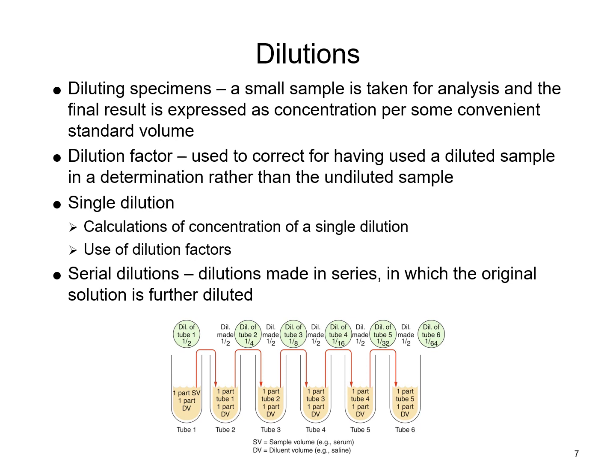Dilutions can be done single or in a series. With series dilutions, you start off with the concentration of your sample, and your first dilution is made. In this particular example, it looks like they're diluting by half. So you have 1 part of sample volume mixed with 1 part of diluent volume in tube 1, which we know is half.